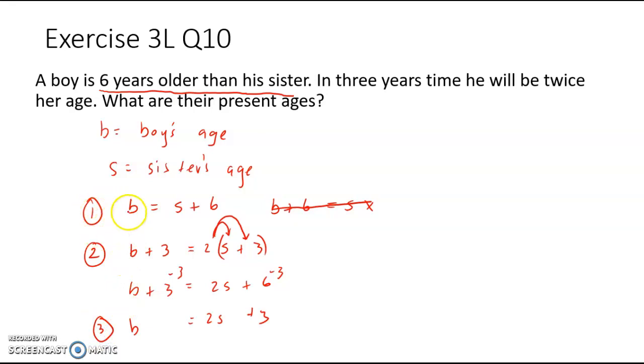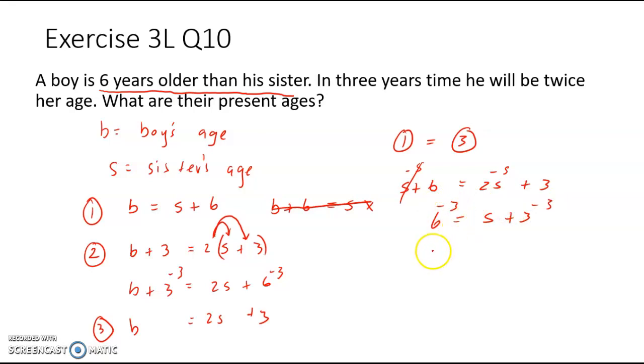And you can see that I've got b is equal to in both 1 and 3, so I can say 1 is equal to 3, the b's are equal to each other. So s plus 6 is equal to 2s plus 3. Take s from this side, and that cancels out. You get 6 is equal to s plus 3. Subtract 3 from both sides, you get 3 is equal to s. So the sister is 3 years old.